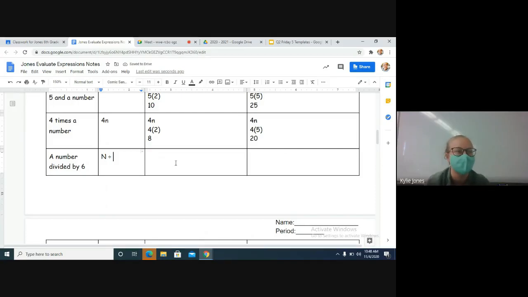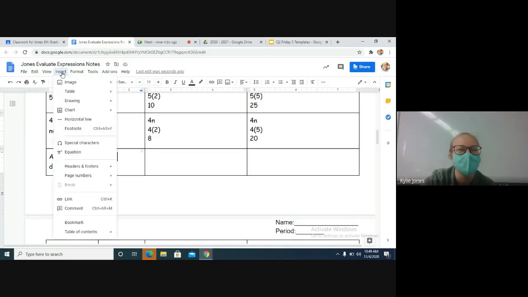Okay. So we're taking a number and we're dividing it by 6. N divided by 6. Good. Did you guys all find the division sign okay? I'll show you one more time if you're looking for it.